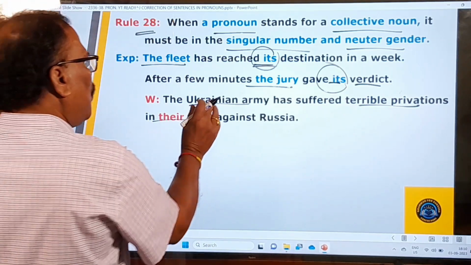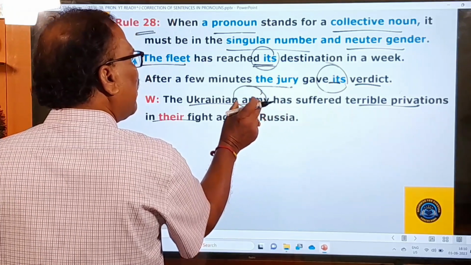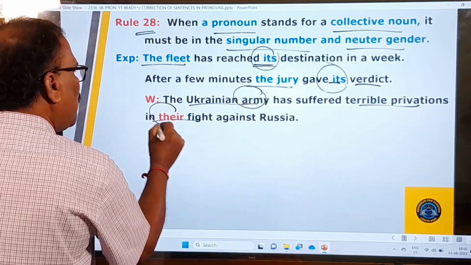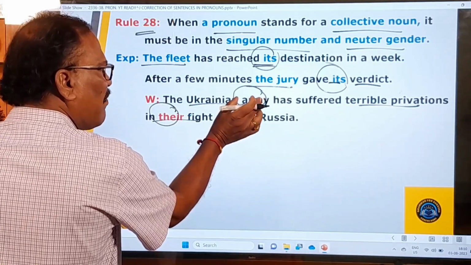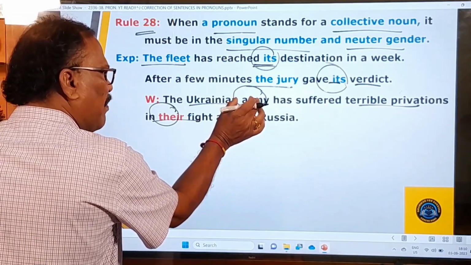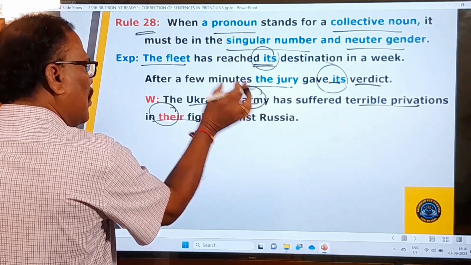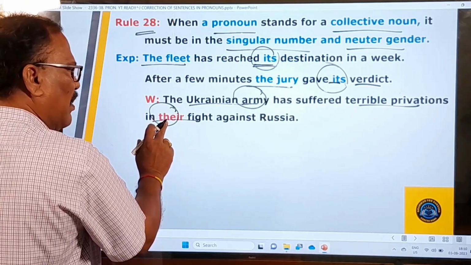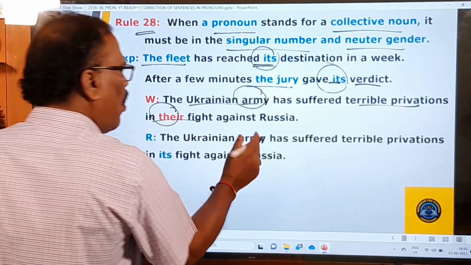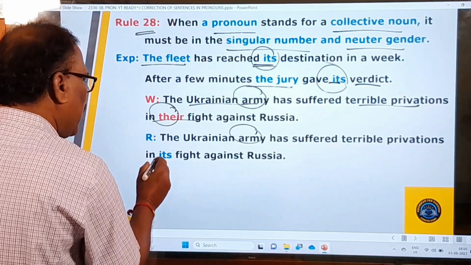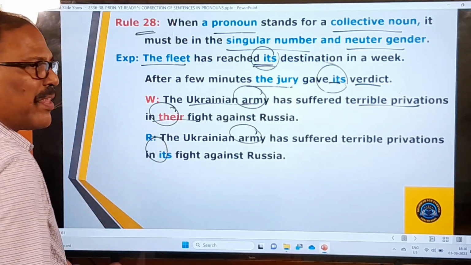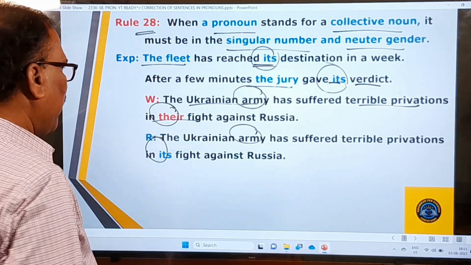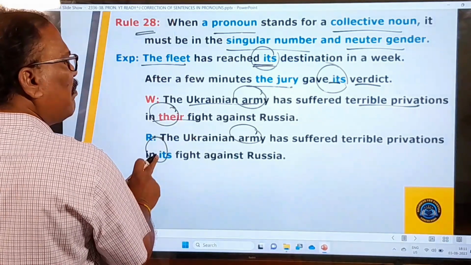Privations means lack of food, water, sleep, everything required for existence and living. Here army is a collective noun, so for this we have to use "its", but "their" is used here. It's wrong. The right one: the Ukrainian army has suffered terrible privations in its fight, not in their fight, because army is singular.